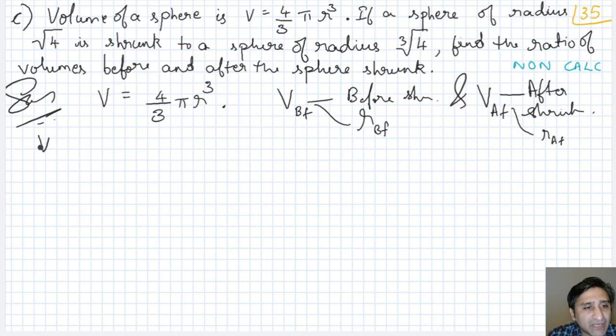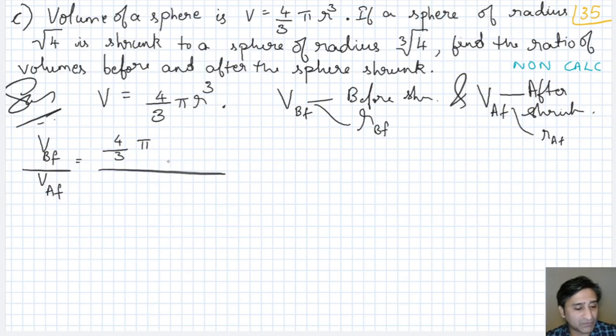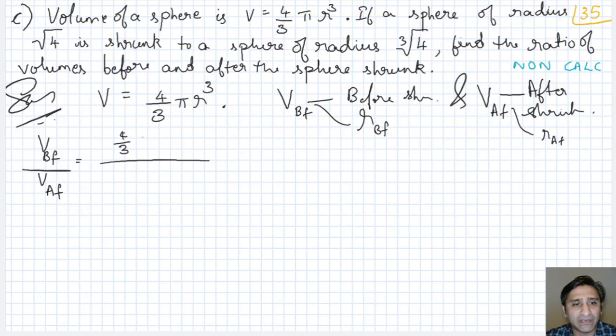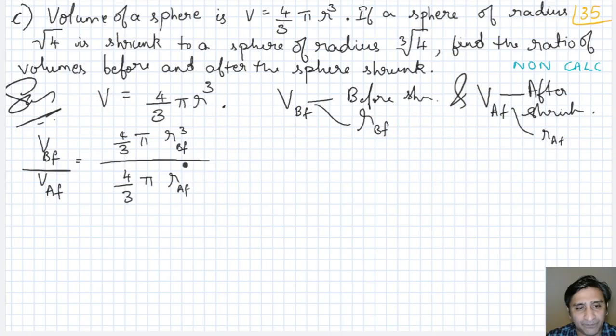So your ratio of V_BF to V_AF is what you're supposed to calculate. It's going to be 4 by 3 pi r cube, where r is nothing but R_BF, so R_BF whole cube, divided by 4 by 3 pi R_AF whole cube.